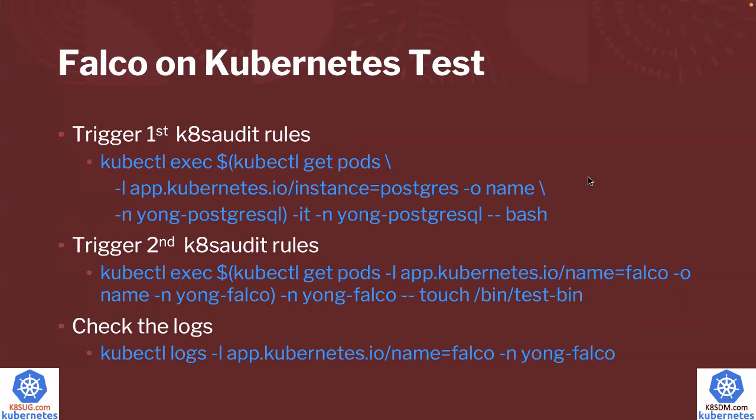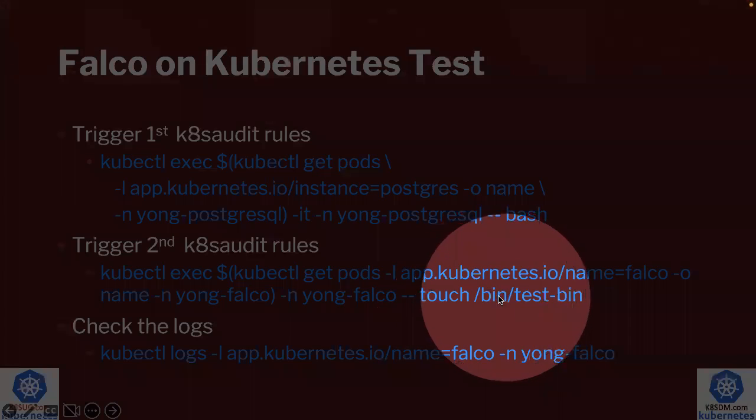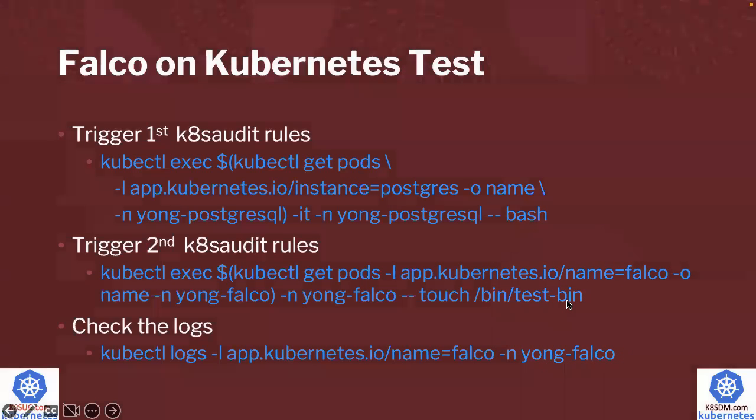The second one is I execute into the containers and create a binary in the bin directory. That is also pretty risky. If you put some binary there, it might break your system. These are just two examples. There are a lot of other things that will be captured by Falco.